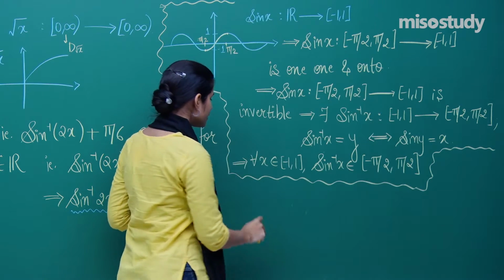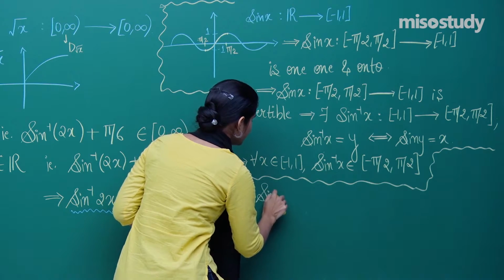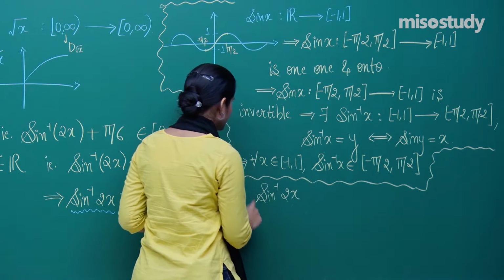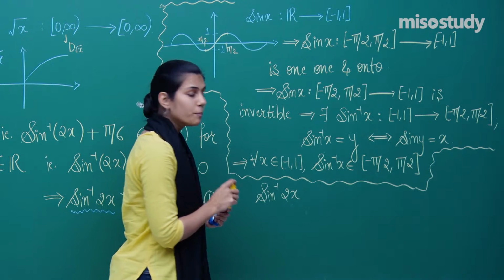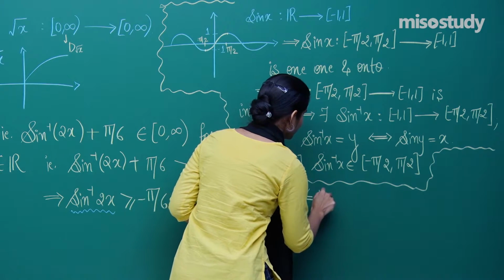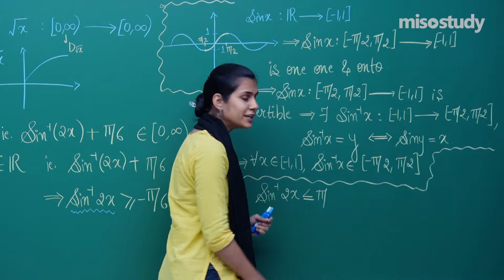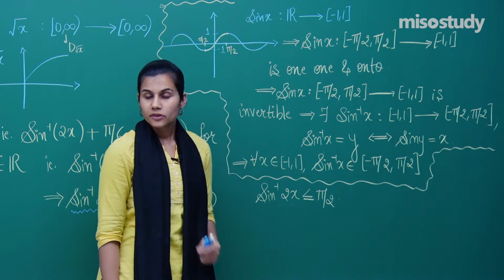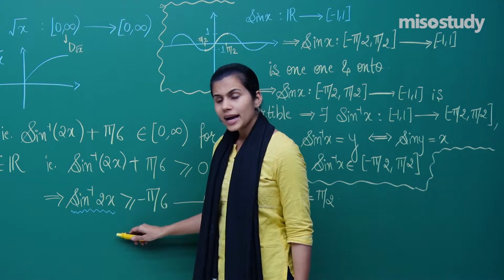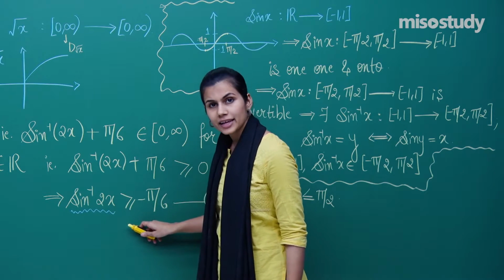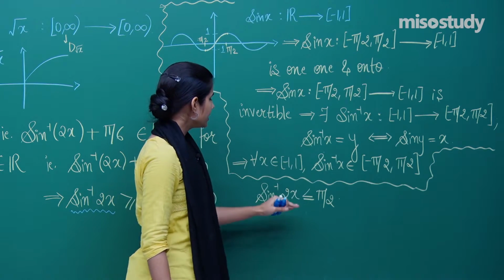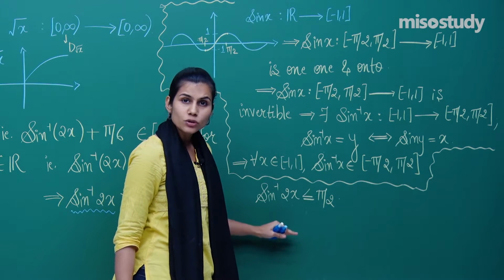And therefore, we have understood that sine inverse of this argument is always greater than or equal to minus pi by 2 and less than or equal to pi by 2. From here I had sine inverse 2x is greater than or equal to minus pi by 6. By the very meaning of sine inverse, it is always coming out to be less than or equal to pi by 2.